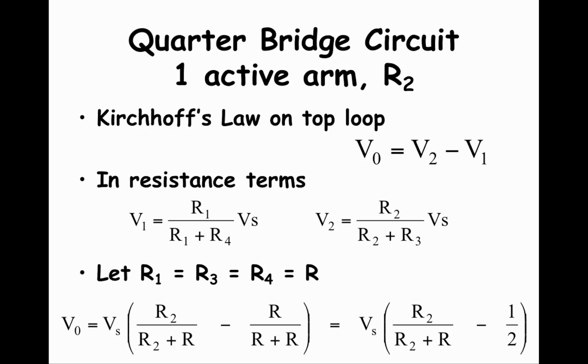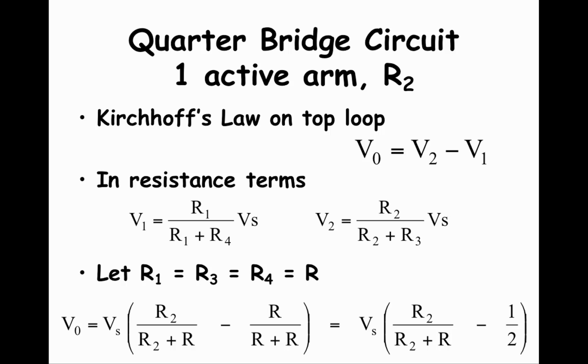Wheatstone bridge circuit output voltage, V0, depends on the number of active arms. We will start our development for this case when we have one active arm. The active arm will be number 2. Using Kirchhoff's voltage law around the loop, including V0, V2, and V1, we get that V0 equals V2 minus V1.